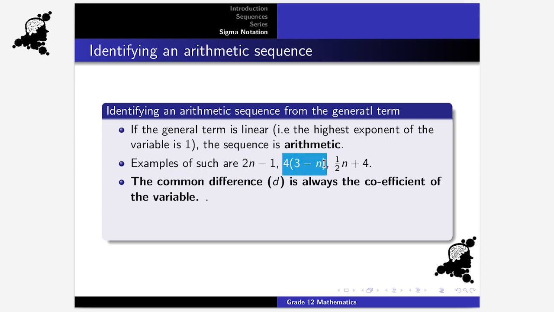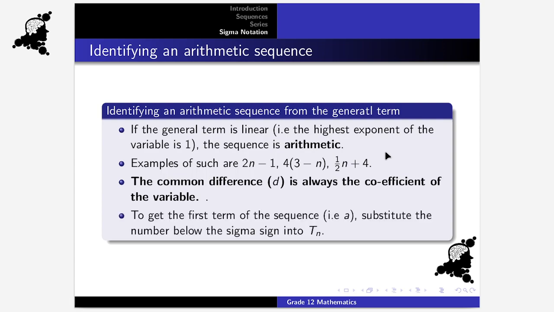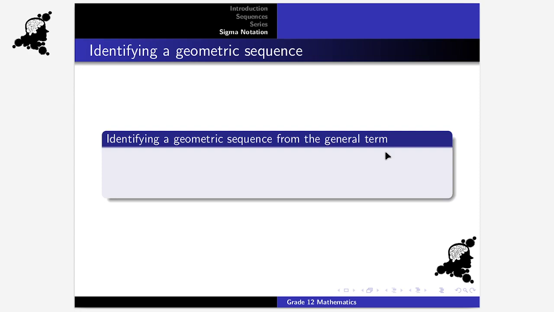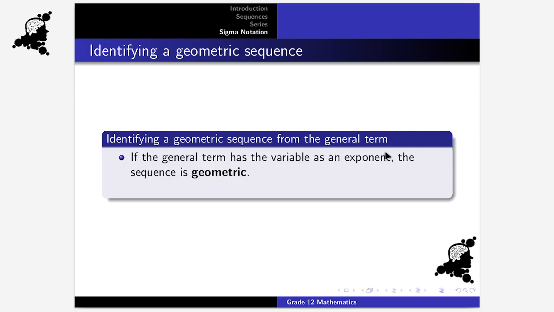If we look at this expression, the common difference is negative 4n because you have to simplify it first. The common difference is a half. To get the first term of the sequence, you just substitute the number below sigma into t, and I've already mentioned that. To identify if it's a geometric sequence, we said if the general term has an exponent or variable, it means the sequence is geometric.